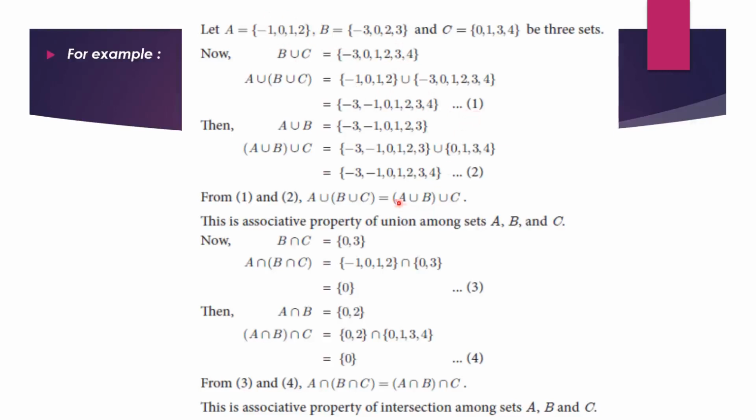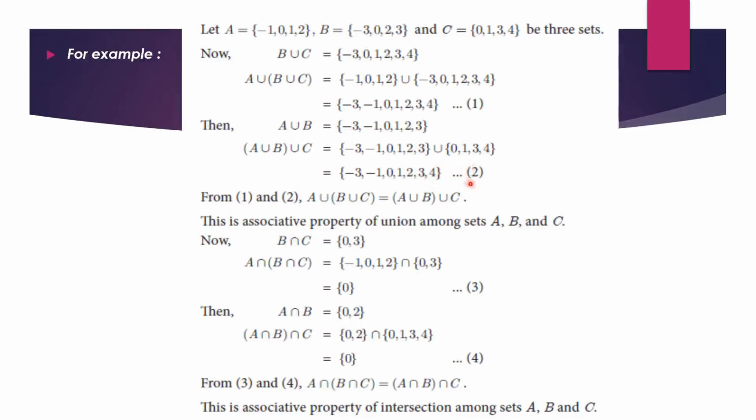Then for this right hand side, you have to find A union B at first. That is A set and B set. How to write the union elements. Then (A union B) union C. That is compare A union B with this set C and write all the elements.